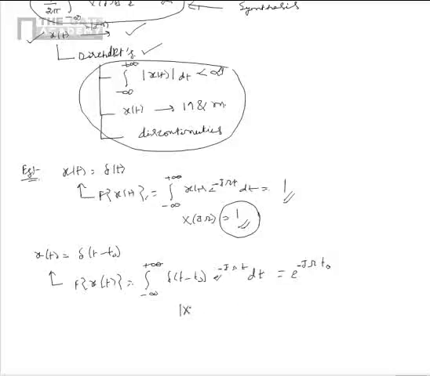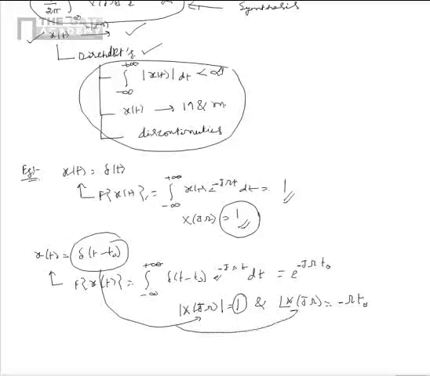From this we see that magnitude of x of j omega is equal to 1, and phase of x of j omega is equal to minus omega t naught. So similar to delta of t, delta of t minus t naught also has all the frequencies, and the magnitude at all the frequencies is equal to 1, but the phase at each frequency differs and is a linear plot with respect to omega.